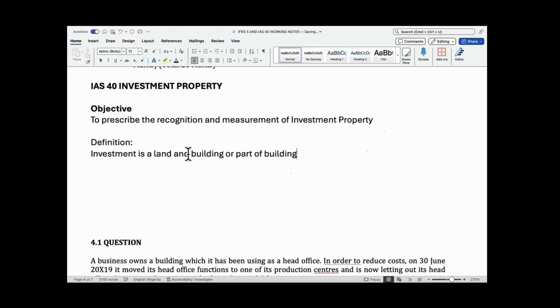So the idea is that it could be land and building, or land, it could be just building alone. And it could just be part of a building. It cannot be part of a land because land is land.